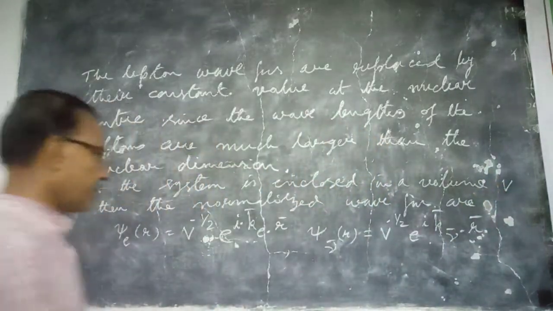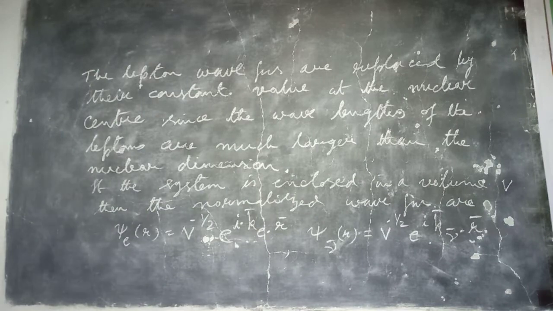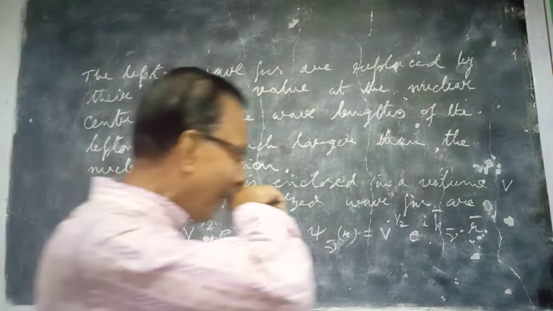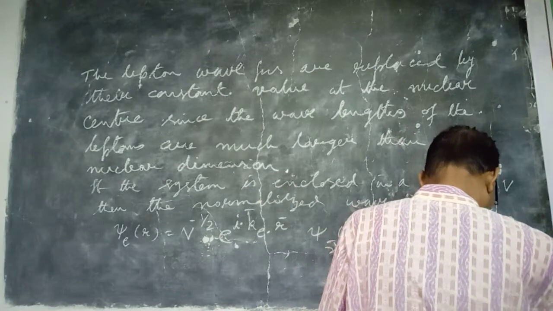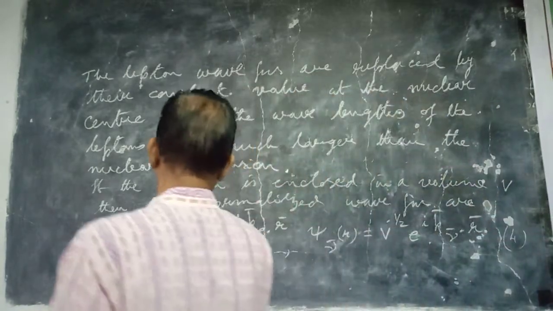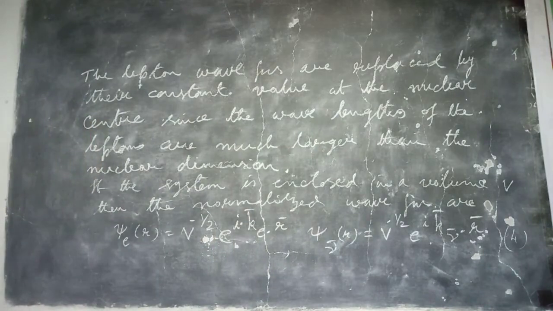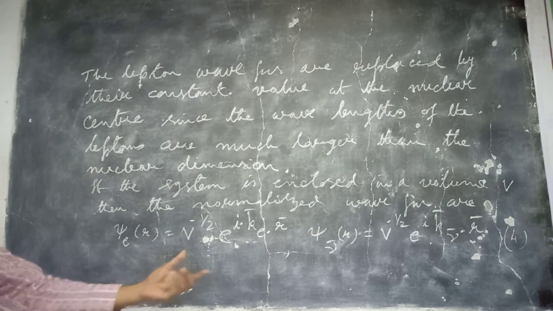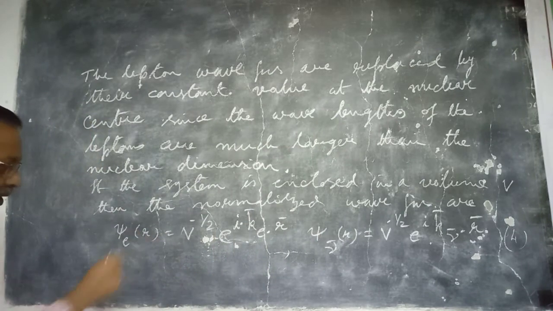These are the wave functions, plane wave functions represented by the free particle wave function. This is equation number 4. Because the energy involved in this process is very small, they are treated as free particles. Now, how is the normalized wave function V to the power minus half?